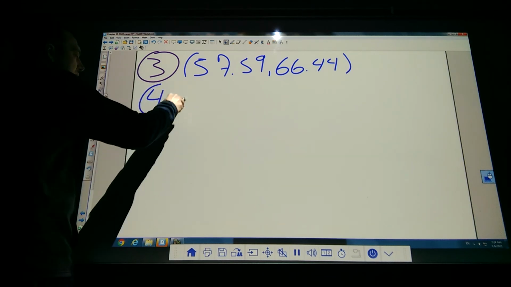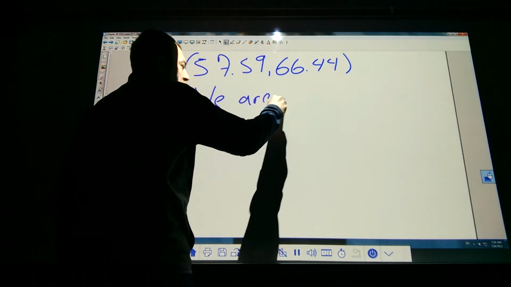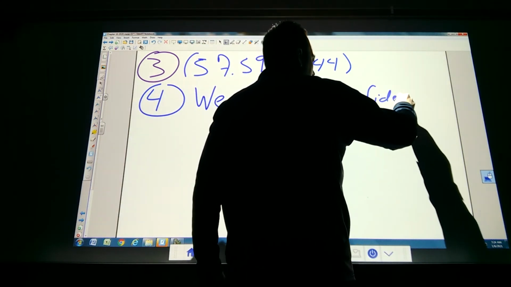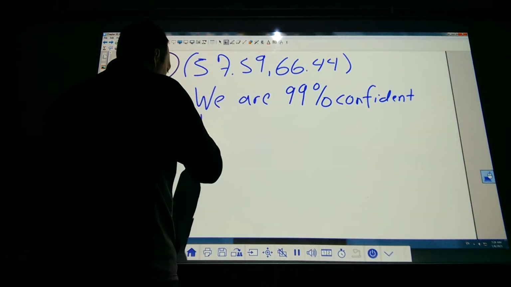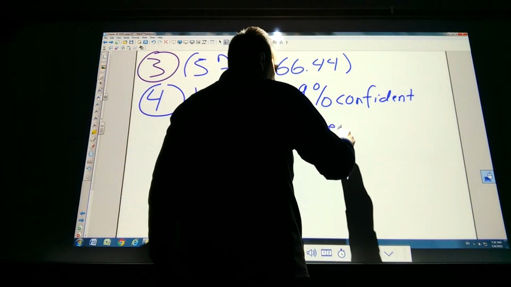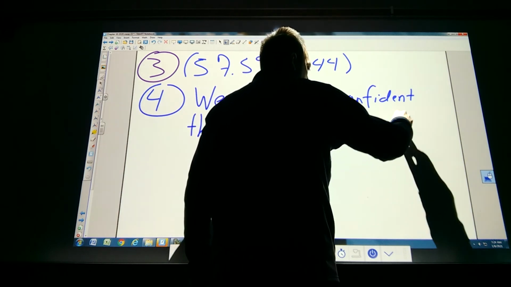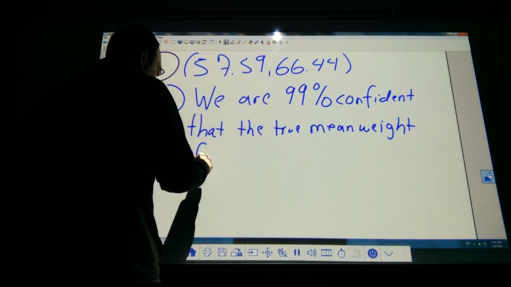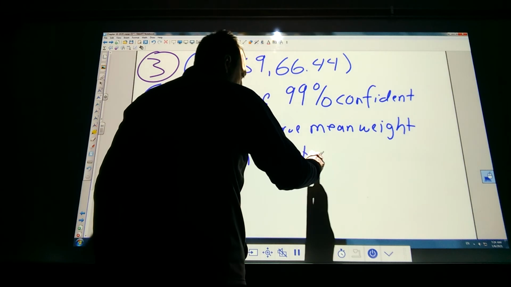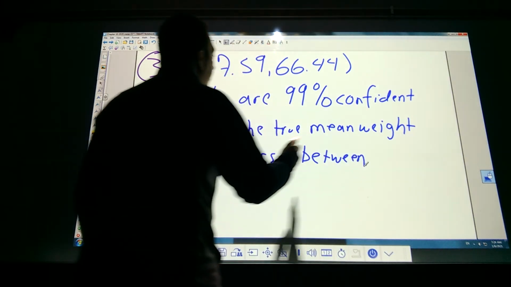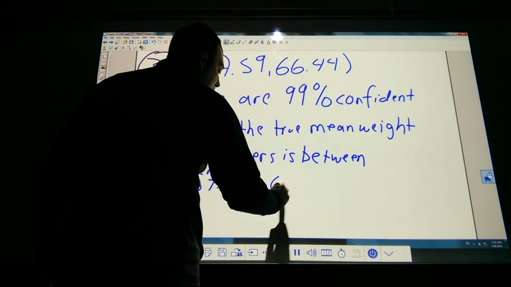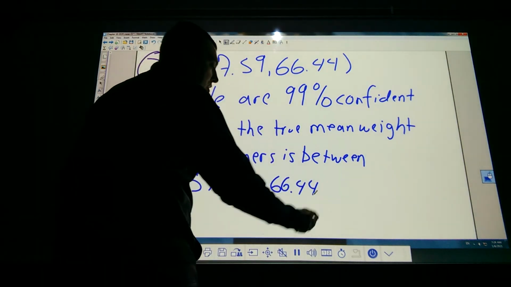Step 4 is my sentence. We are 99% confident that the true mean weight of runners is between 57.59 and 66.44, and I think it was using kilograms.